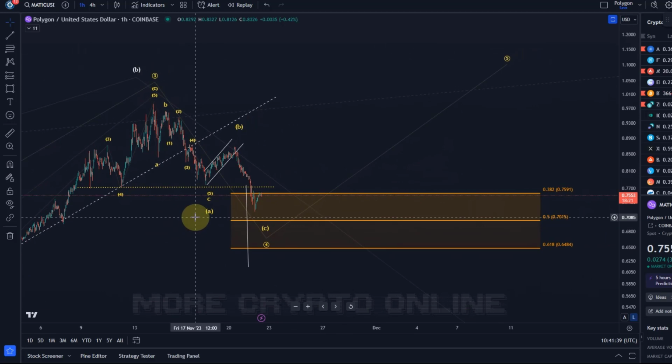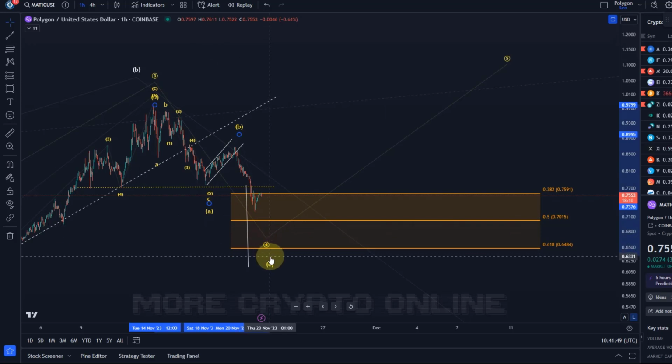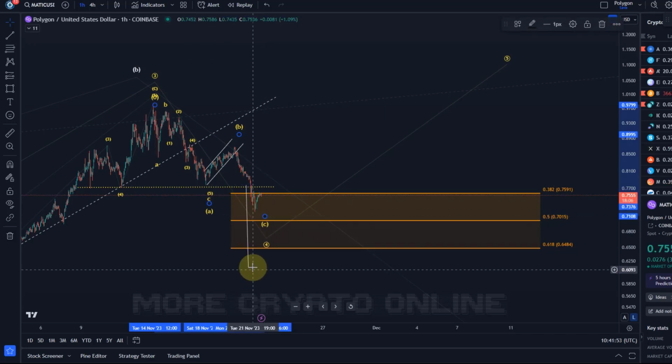It's not a very reliable target or measurement method, but it prepares us for the potential that this C wave could be quite low. It doesn't need to be, it's just a bit of a warning. I don't normally use these head and shoulders targets, but for Solana it worked, the inverse head and shoulders before the breakout. So it's just one target to watch, the 61 cent level, 62 cent level.